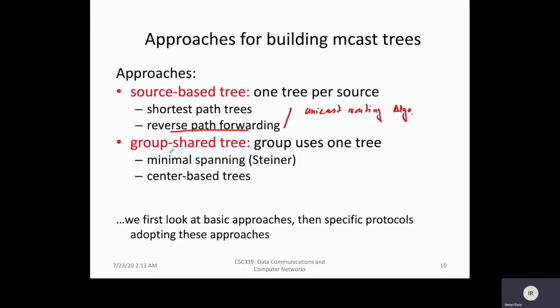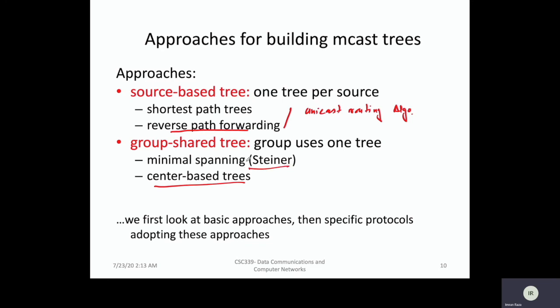But if we talk about the shared tree or group shared tree, where a group of multicast nodes share a tree, this tree is based on a center-based tree or a rendezvous point-based tree, and constructing a minimal spanning tree is a standard tree problem.